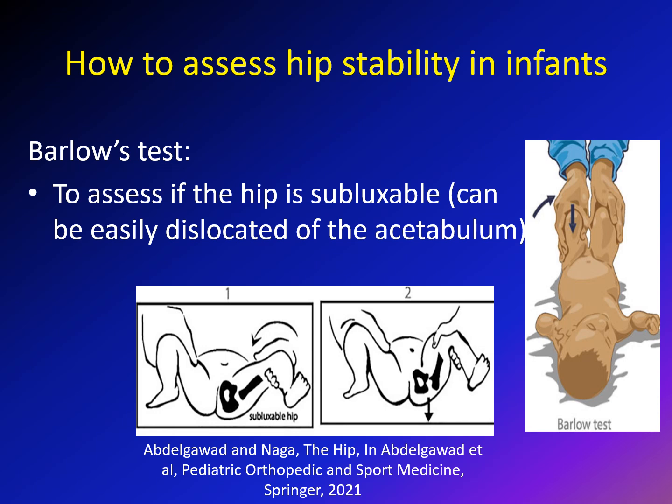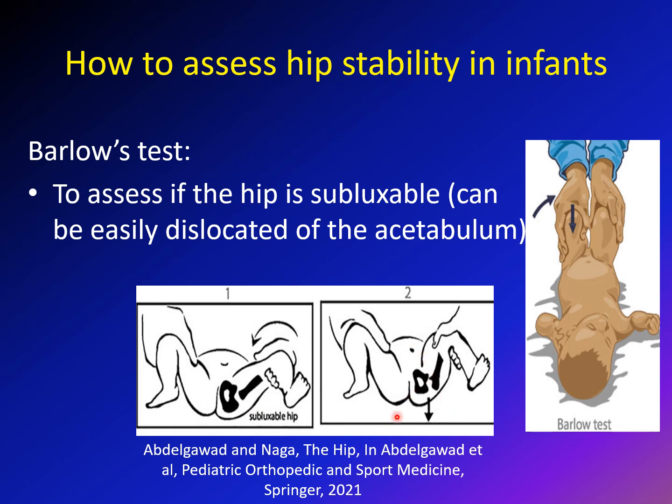So the Barlow test, as we said, is to see if the hip is subluxable, meaning the hip is in and you can push it out. So you start with the hip in abduction, you bring the hip in adduction, meaning bringing the hip inward, and you push backwards. You want to see if you can get this hip from being inside the socket to outside the socket.